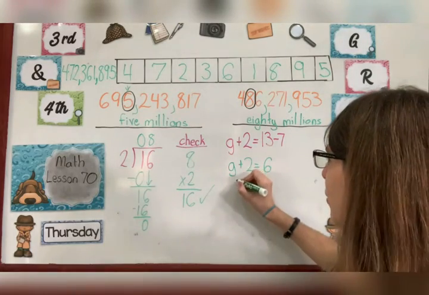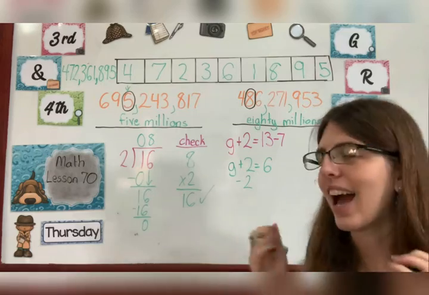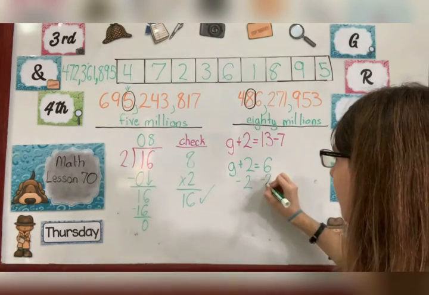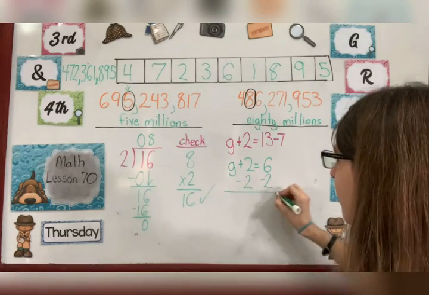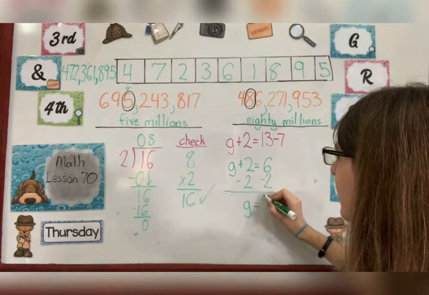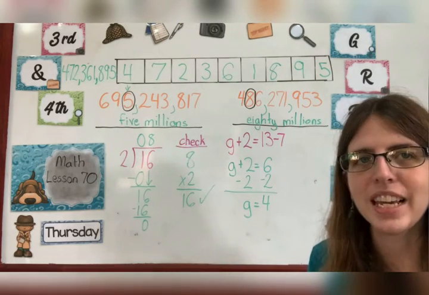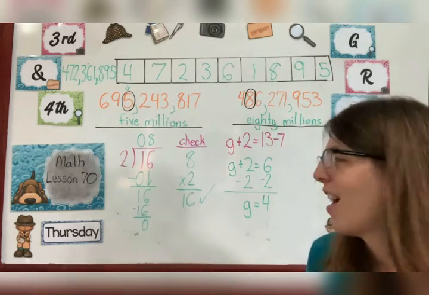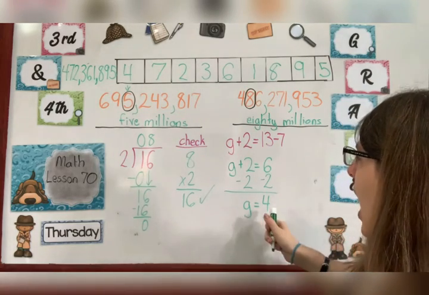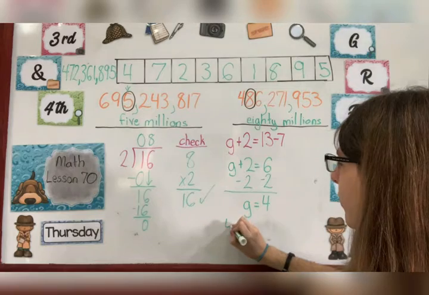So I'm going to subtract 2, and then whatever I do on one side, I have to do on the other. So I have G equals 6 minus 2 is 4. G equals 4.